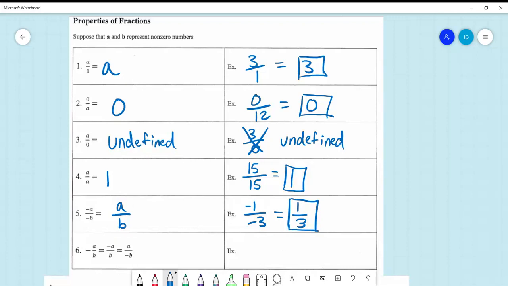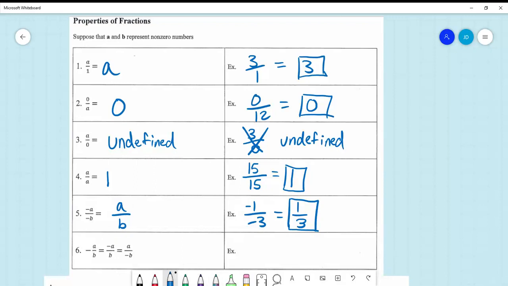And then another thing about the negative sign is if you have a fraction that's negative, like any two numbers, a over b, you can either put the negative sign on the top, on the numerator, and then leave the denominator positive, or you can put the negative sign on the denominator and leave the numerator positive. Either way, it works out. It's the same exact number, the same value.